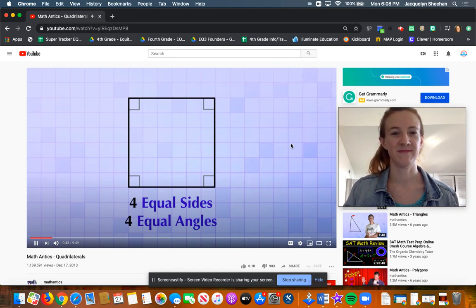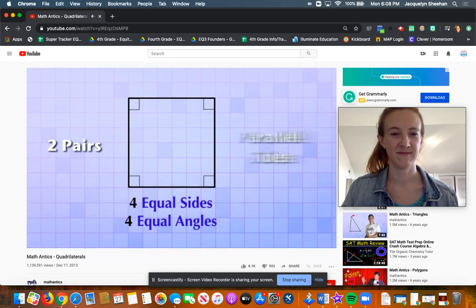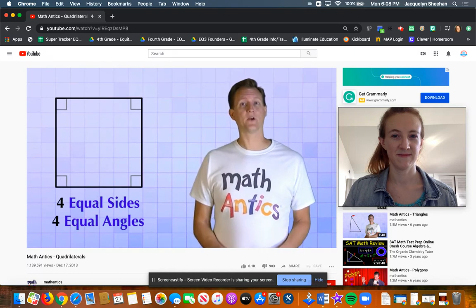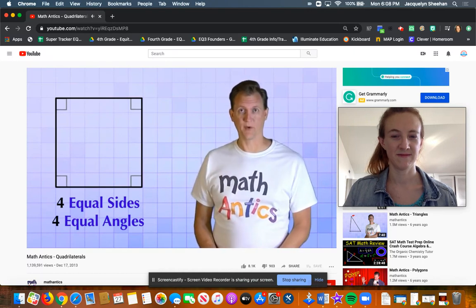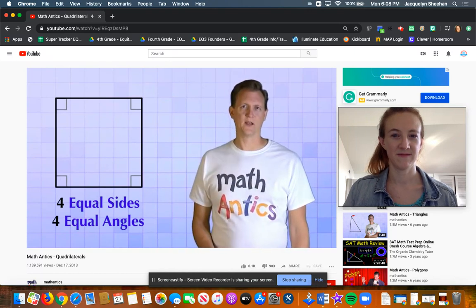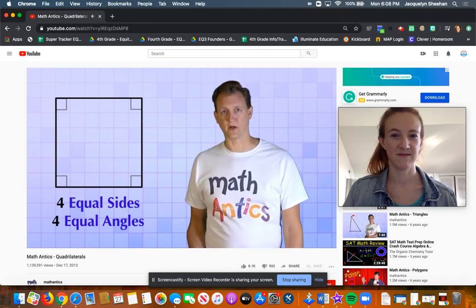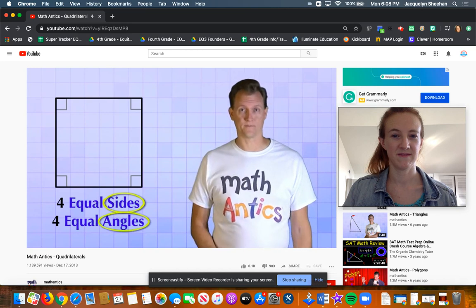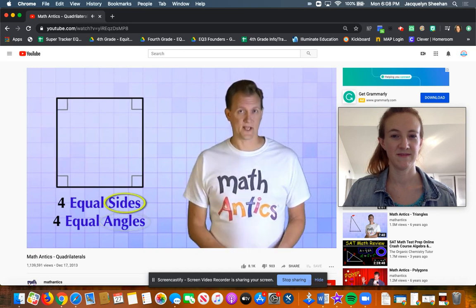It's also that a square is formed by 2 pairs of parallel sides. These 2 opposite sides are parallel, and these 2 opposite sides are parallel. We'll see why that's important in a few minutes. Okay, so squares are an important type of quadrilateral, but we're going to make some changes to this square to see what other types of quadrilaterals there are. The 2 things that we can change are the sides and the angles. Let's start by changing the sides.